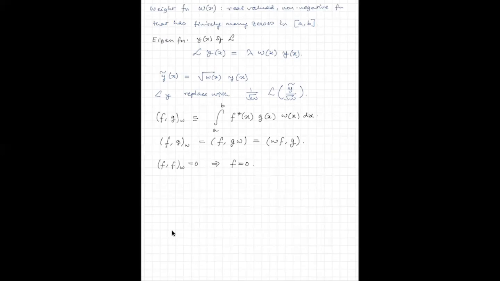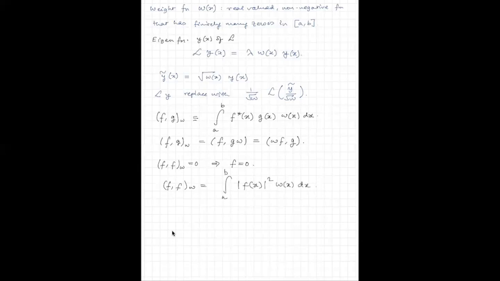And what do we want to also say? So the inner product of f and f with weight w is the integral from a to b of modulus of f squared times w(x) dx.